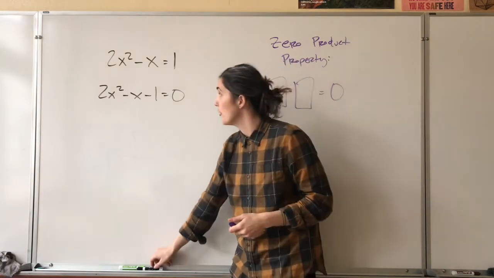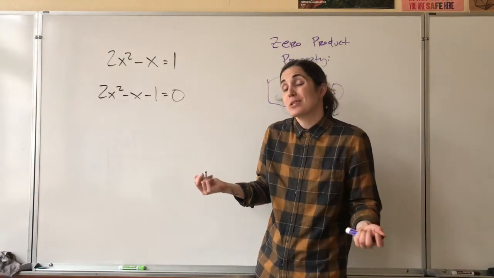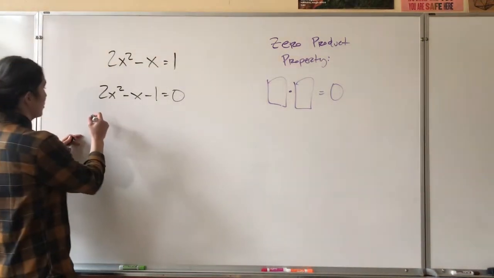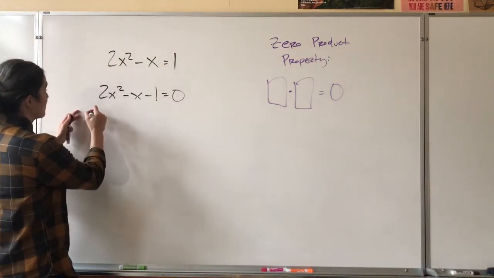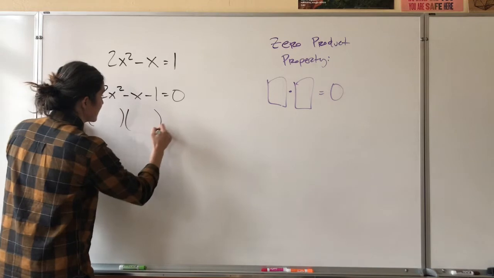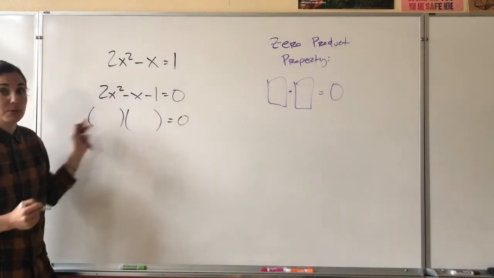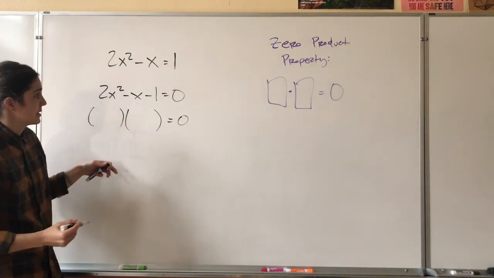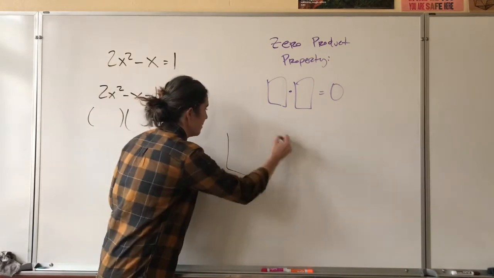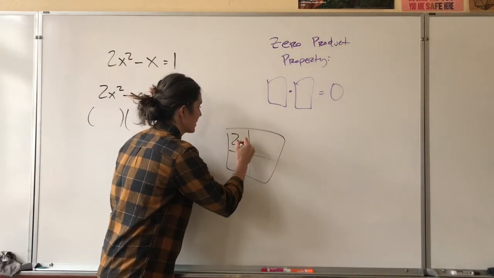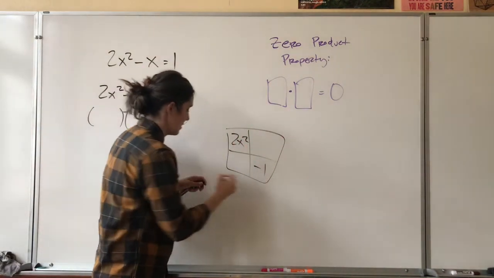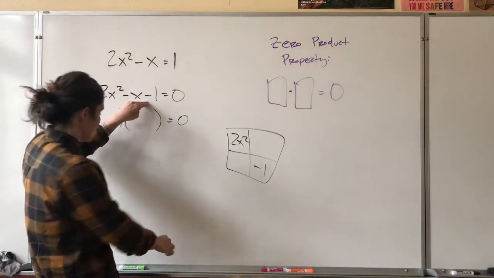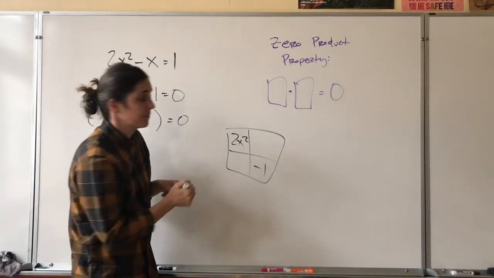In order to factor this, I like to use an area model. You can do whatever you want. But I'm trying to get this to two things that multiply together to be 0. And I'll go over here to use my area model. The 2x squared and the negative 1, all of this is the inside.